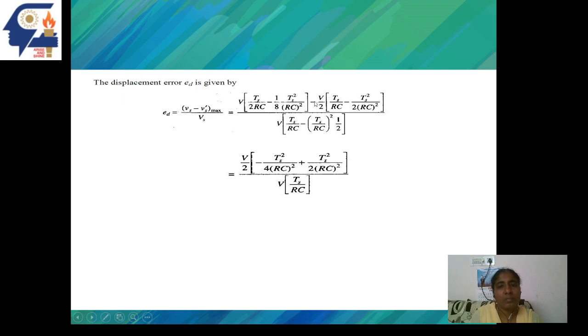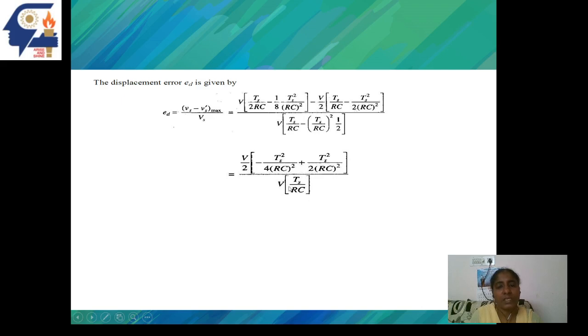And then here minus into minus will become plus, and Ts square by 2 Rc whole square. We are taking 1 by 2 common, so this 2 into 2 will become this 2 into 2.